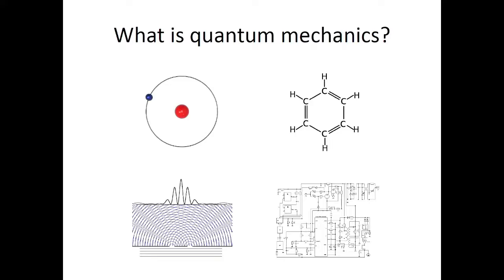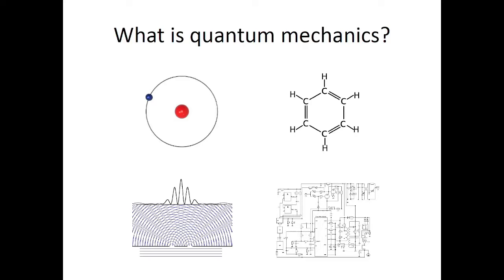So what is quantum mechanics, first of all? Quantum mechanics is the branch of physics that deals with very, very small objects such as atoms or molecules. And while this might sound very theoretical and very far from real life, this theory has had many practical implications in our modern life.